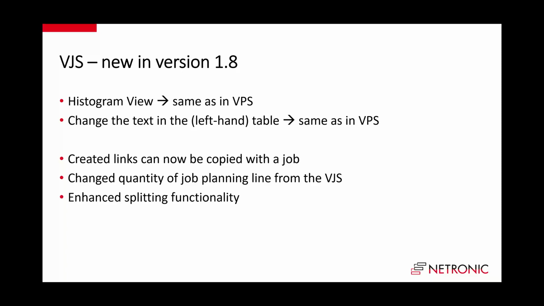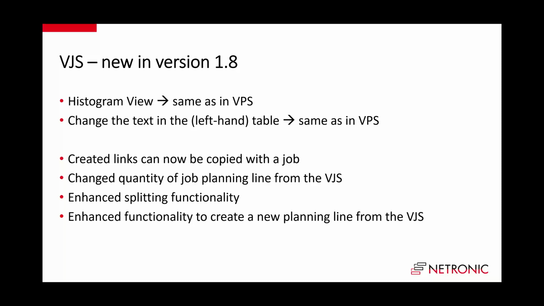So we have enhanced splitting functionality, and once we have the job, we might also assign a new resource to a job planning line. So we made this better: when assigning, for example, a resource to a job planning line or a job planning line to a resource, it works in both ways, and you can also determine the exact quantity.